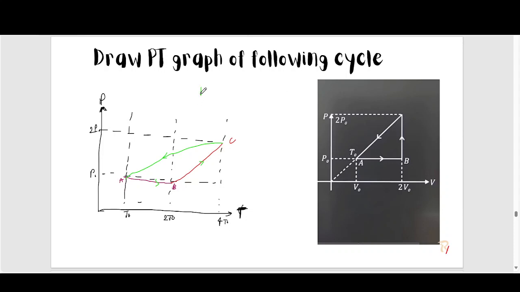Therefore we know that P is directly proportional to V. PV inverse is equal to constant. Therefore P into T by P inverse is equal to constant.